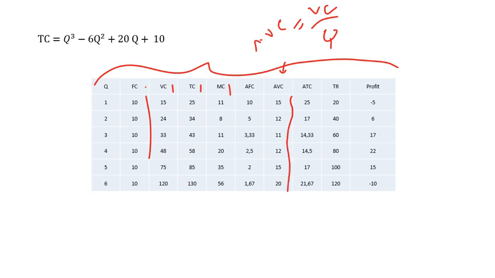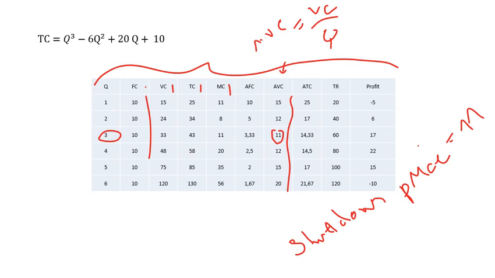Let's check here the minimum that AVC can have is 11, and this happens when the quantity is 3. So the shutdown price is when AVC is minimum, which is 11, and this is the shutdown price.